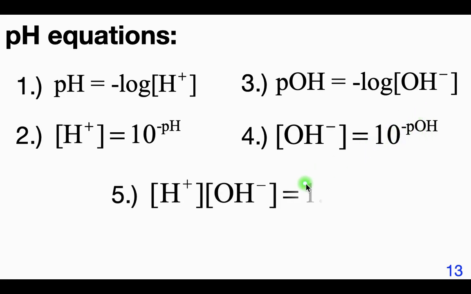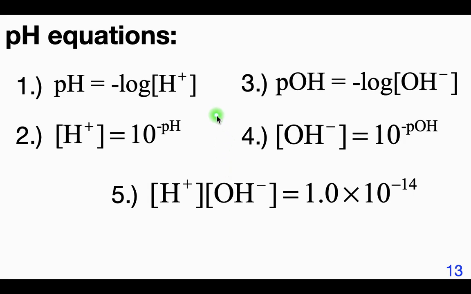And then remember Kw, the water ion product constant. We multiply hydrogen ion concentration times hydroxide ion concentration, and we'll always get 1 times 10 to the negative 14. And then the last one is, if you remember, the pH of 10 to the negative 7 is 7, and that's a neutral solution. So if we had a neutral solution, the pH would be 7, the pOH would be 7.